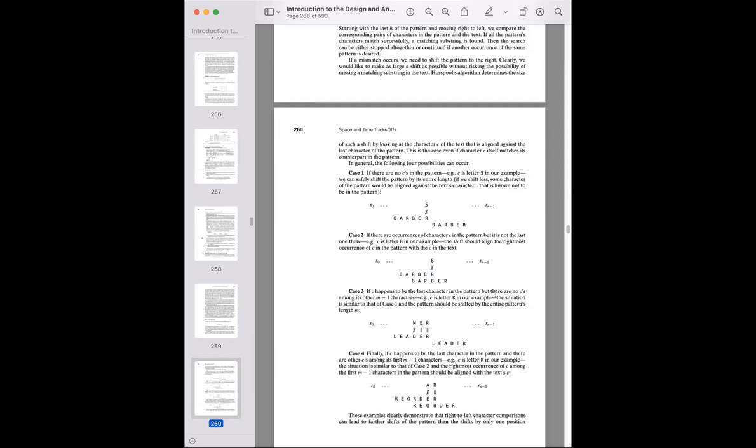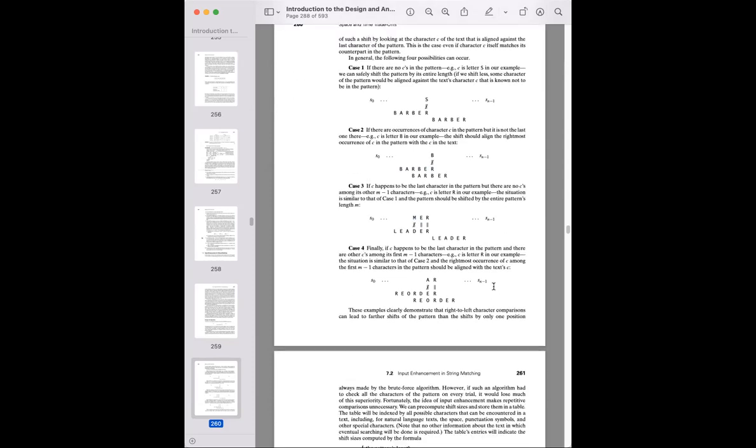So the final case here is that if C happens to be the last character in the pattern and there are no other C's among the other characters, it's similar to case 2. So in this case, we look at the R's match up, life's good, but you get over to the next character and they don't match. So we're at this last R, but there are other R's here.